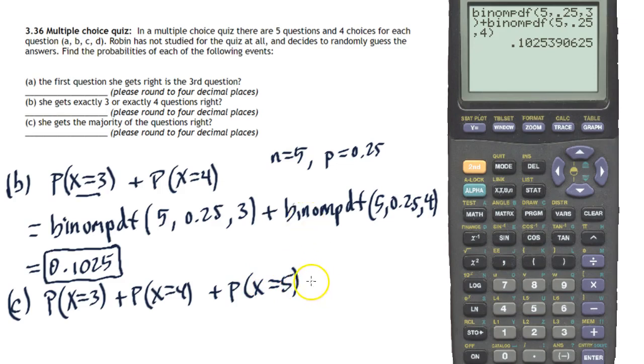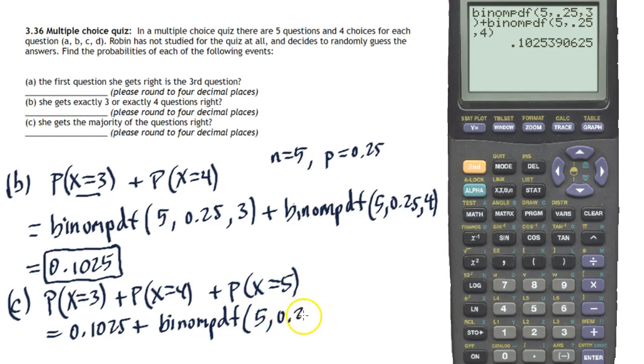So this is equal to 0.1025 plus the probability that x equals 5. Instead of writing that out, I'm just going to do a binomial PDF of 5, 0.25, and 5.